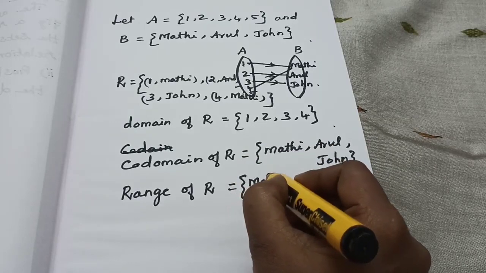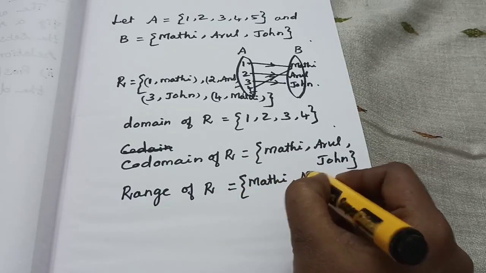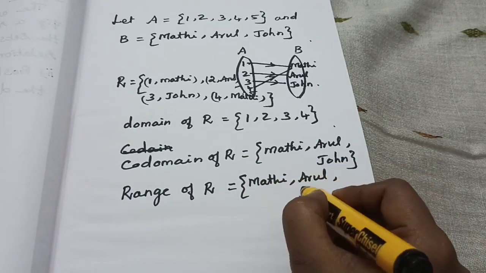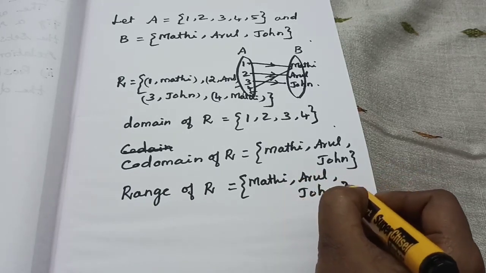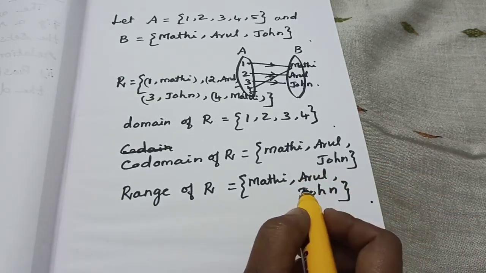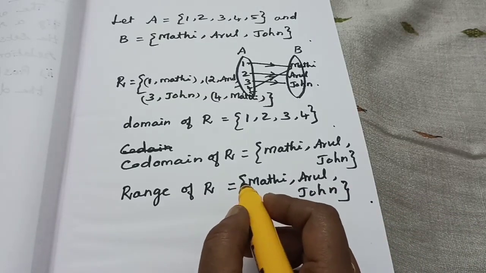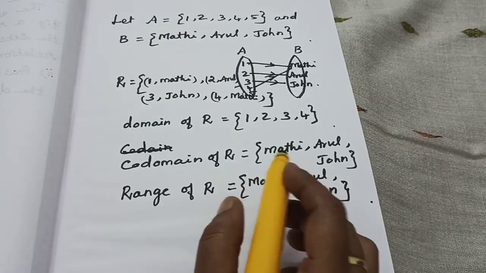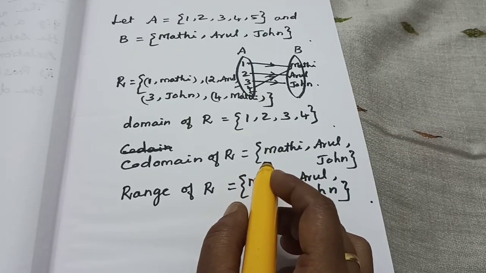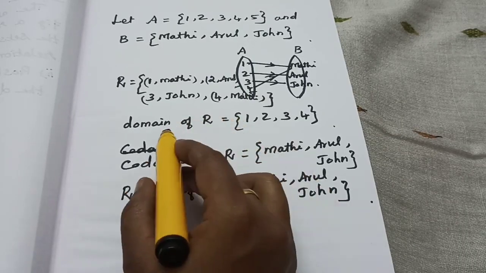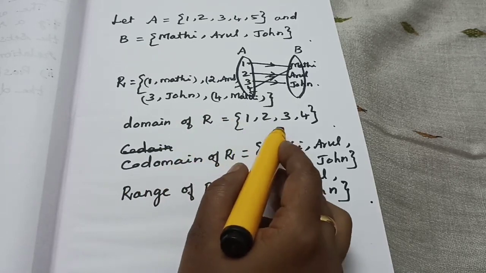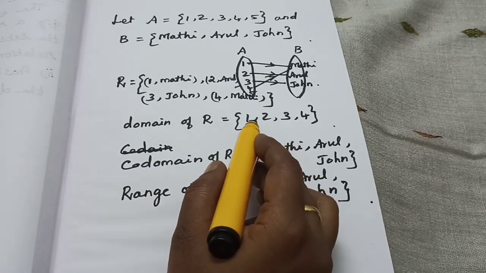Madhi, Arul, John. This is the range of R. Have you understood? The domain of R is a proper subset of A. Okay, the domain of R is a proper subset of which one?